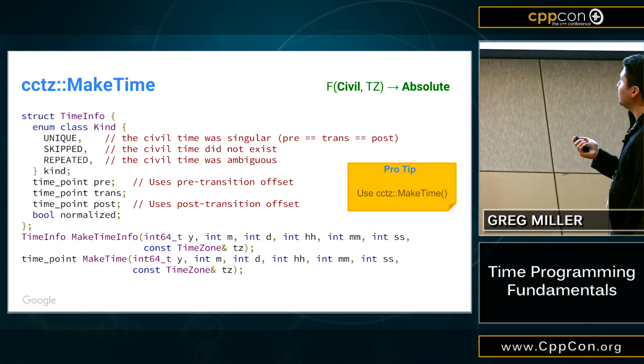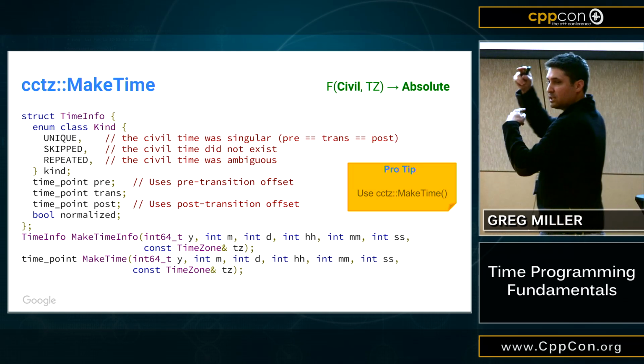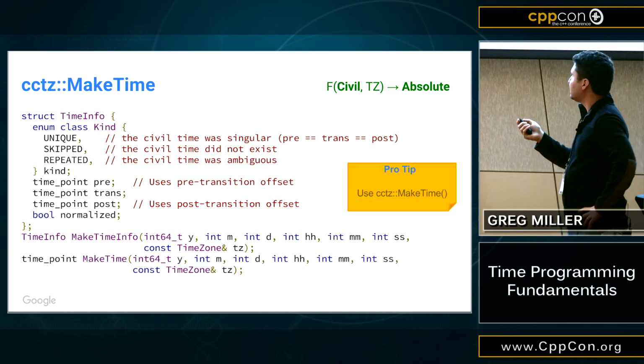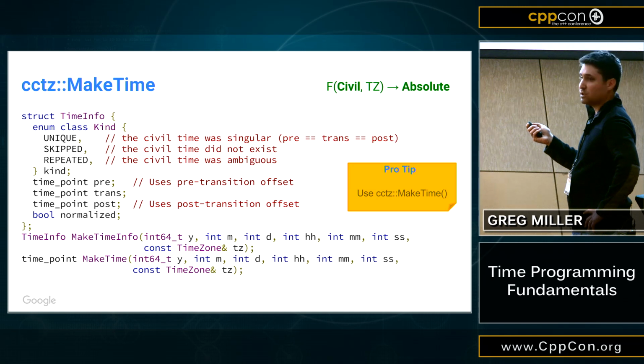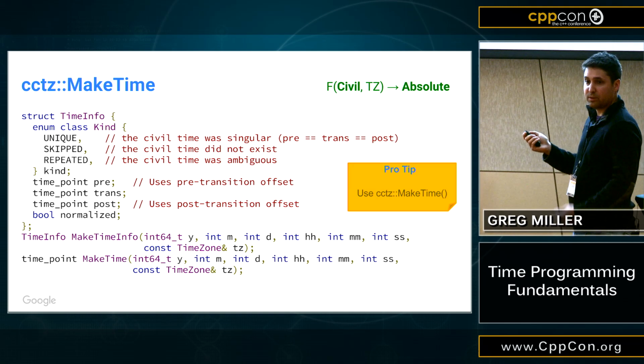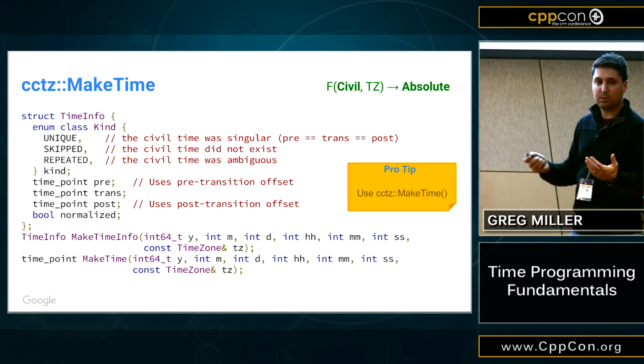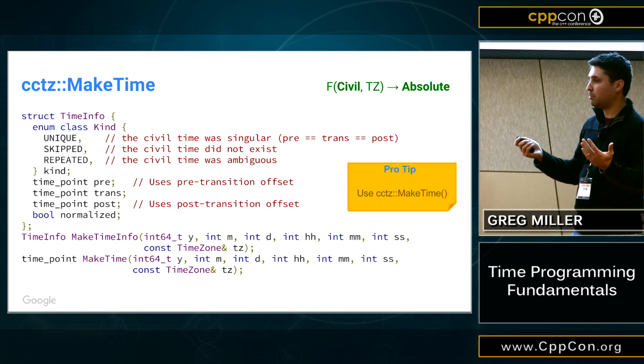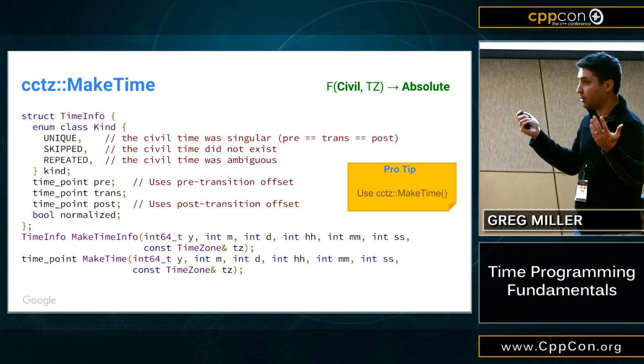It also tells you, if we think back to the graph, those intersection points: what would the time point have been if we used the pre-transition offset? What was the transition point itself? And what was the time if we had used the post-transition offset? From these 3 values, you should be able to compute any reasonable time point you could possibly want, including just giving an error.